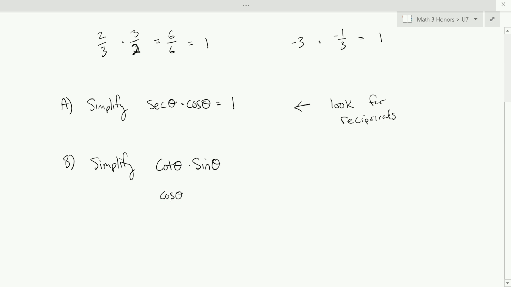Oh, it is. I didn't see that. Okay, you even have that. And sine is sine over 1. And then we can simplify this, right, by reducing the fraction, and we end up with cosine of theta. And so remember, one good technique is to change everything in terms of sine and cosine.